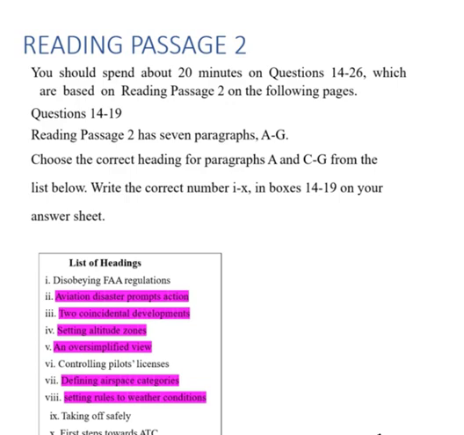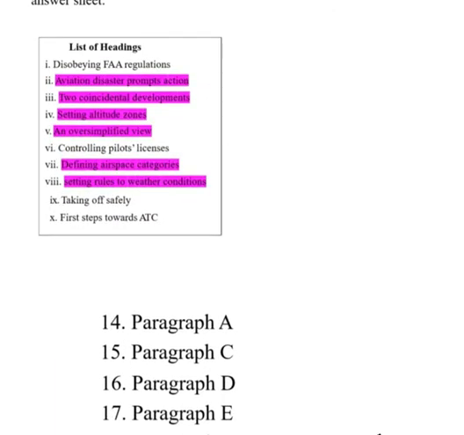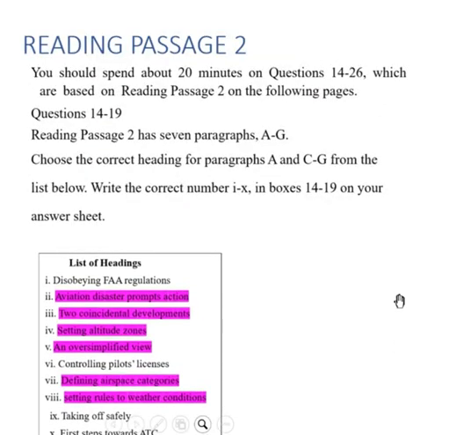Now, here is the list of headings. We have Roman figure 1 to Roman figure 10. Right, each Roman figure has a heading, and if you are to answer questions like these, you are not to write out the headings but the Roman figures.